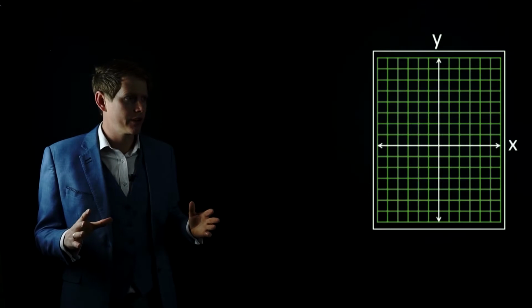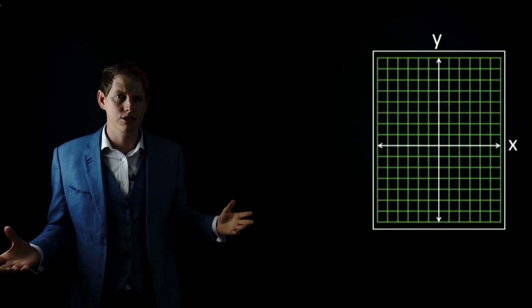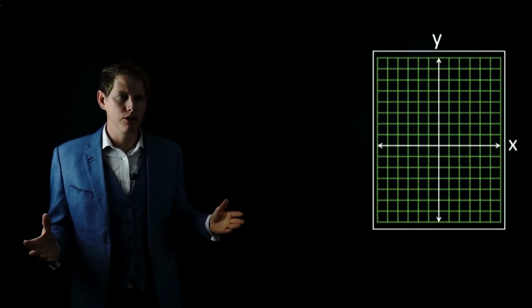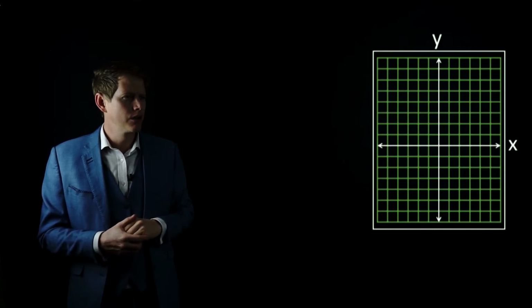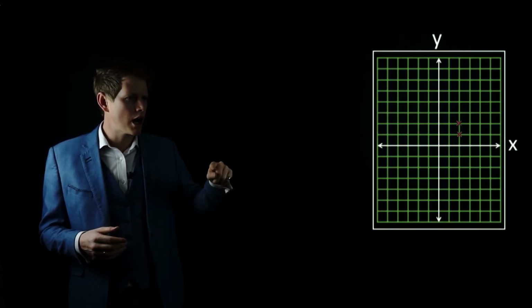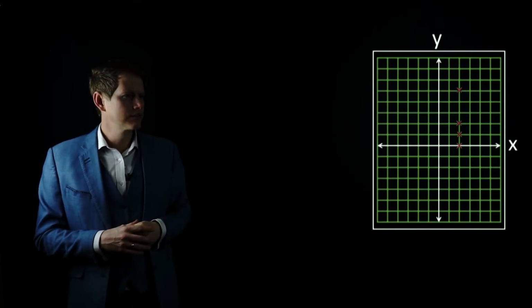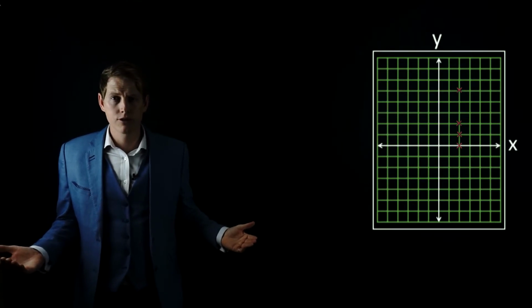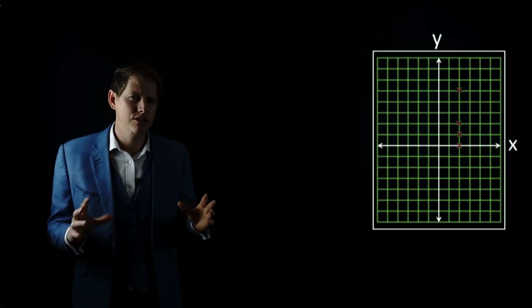To start off with, we're going to put some points up on the Cartesian plane. We're going to plot the point 2, 2. So we're going to go along 2 and up 2. We're going to do 2, 1, along 2, up 1, 2, 5, 2, 0. What do you notice about all of those coordinates? Well, I'm going to draw a line through those to try and make it just a little bit clearer.